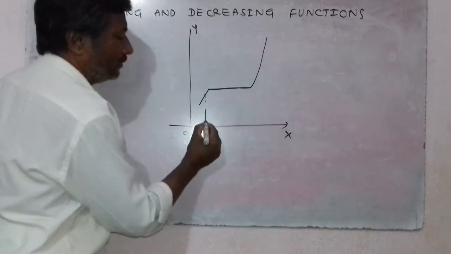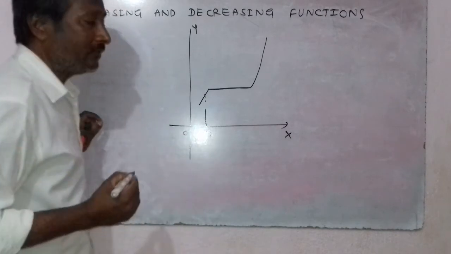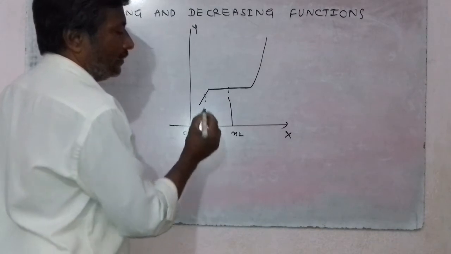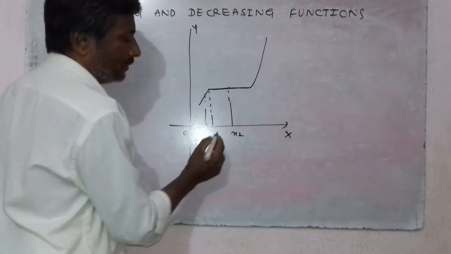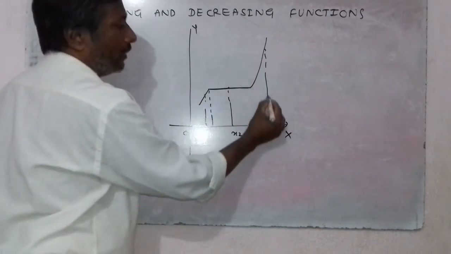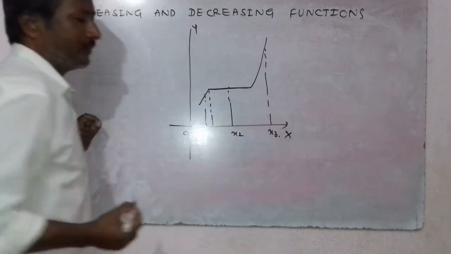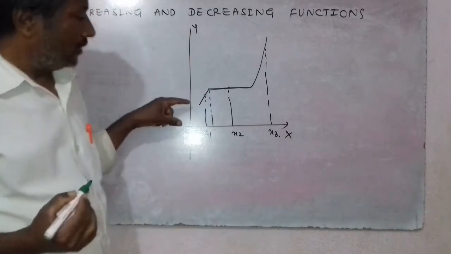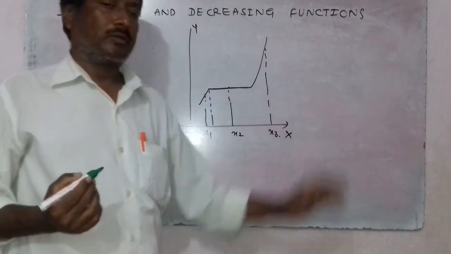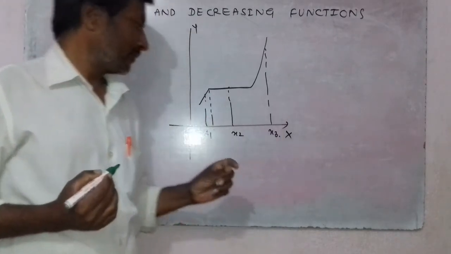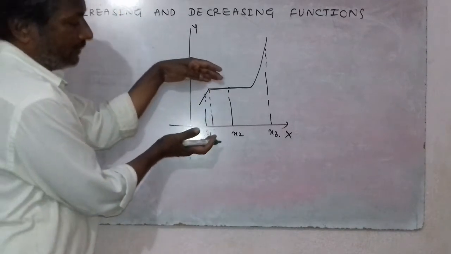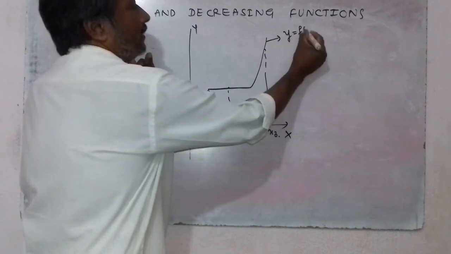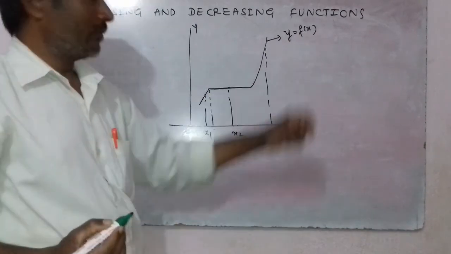So as we know, this is point x1, this one is x2, or this point is x3. As we go from left to right, this is the curve y equal to f of x.